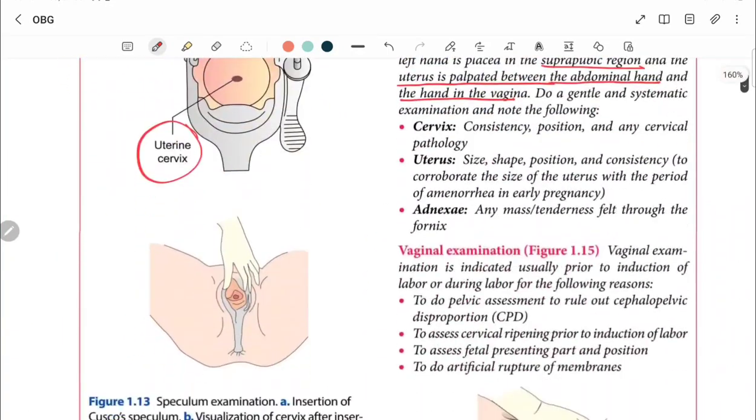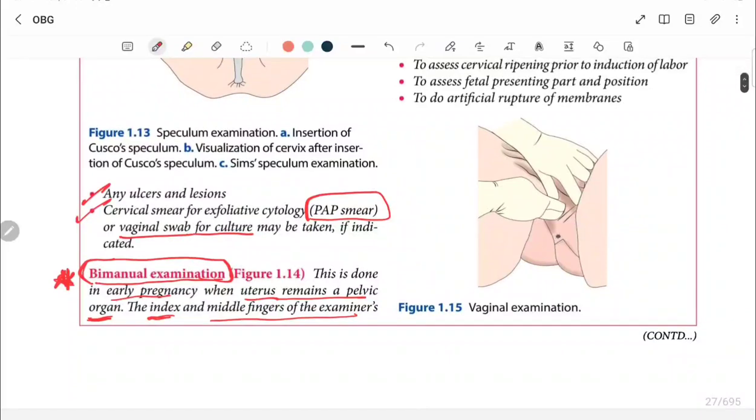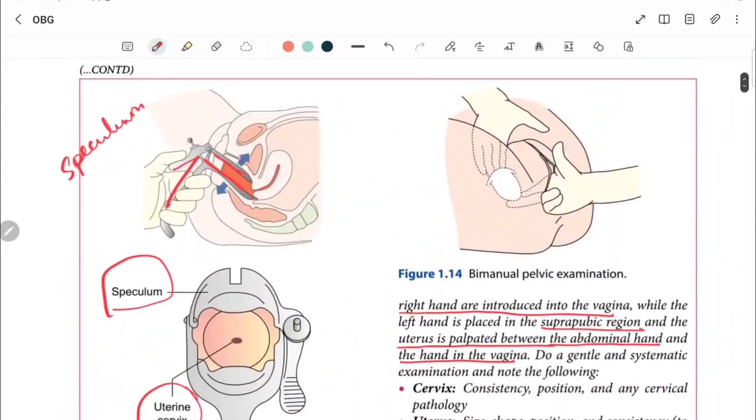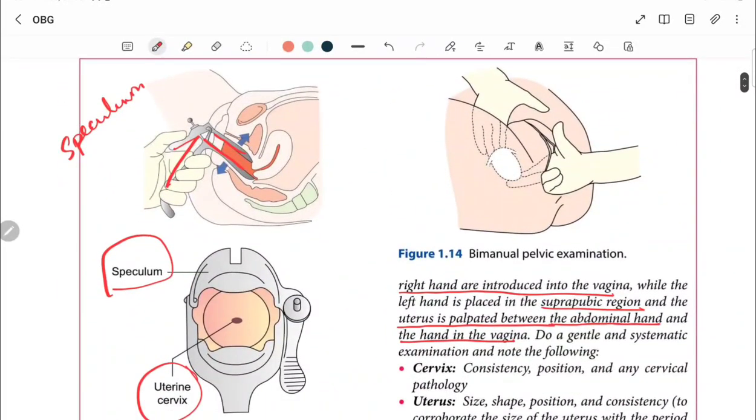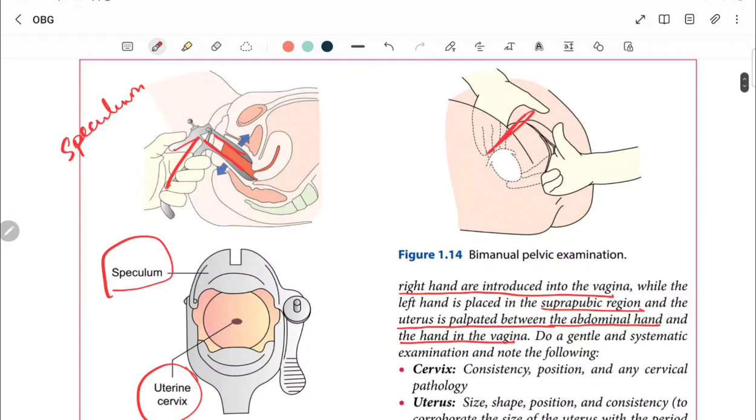So what you are doing is with your index and middle finger of your right hand, you will be introducing it into the vagina, whereas the left hand will be placed in the suprapubic region, and the uterus is going to be palpated between the abdominal hand and the hand in the vagina.